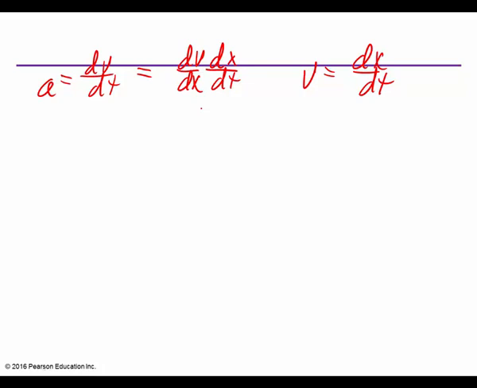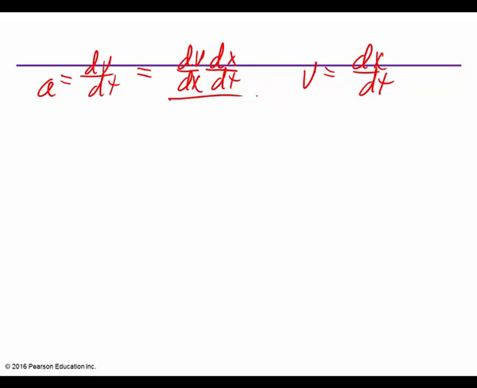Because velocity is the rate of changing position. And so if you're changing displacement with velocity, well, guess what? If you're accelerating, you're also changing displacement there too. And so therefore, that's why we can do that little crazy looking manipulation there.